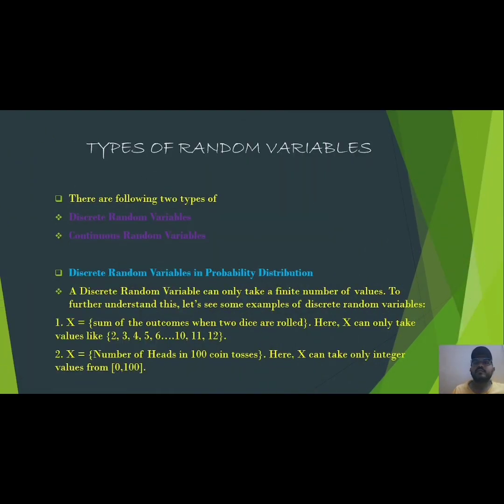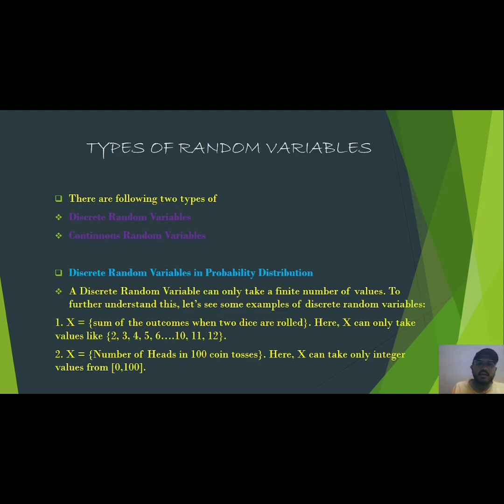Types of random variables. There are the following two types of random variables: discrete random variable and continuous random variable. Discrete random variables in a probability distribution: it is a variable that can only take a finite number of values.